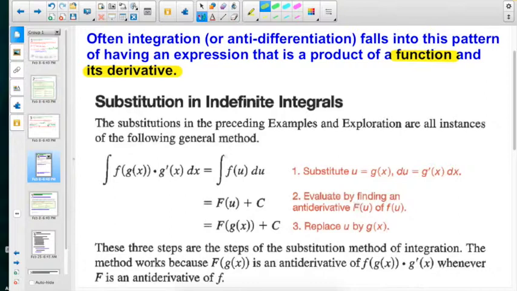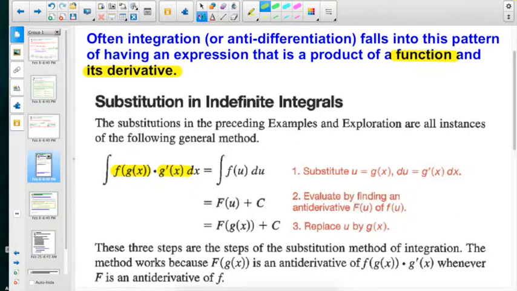Okay, and so in really calculus-y terms, we have the function and its derivative in that anti-differentiation notation. And what we're going to do is something called a U substitution. The only reason why we call it a U substitution is because we use the variable U. Okay, but we're substituting out.